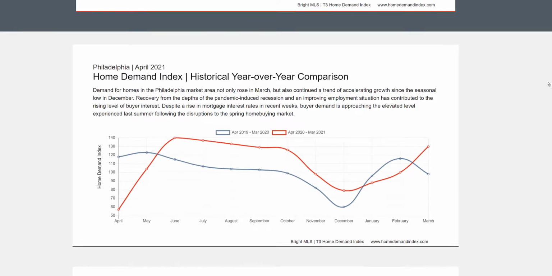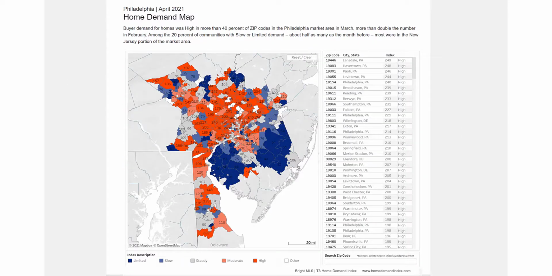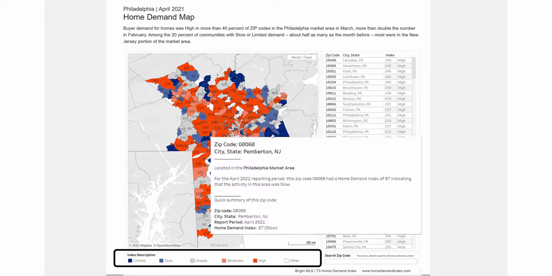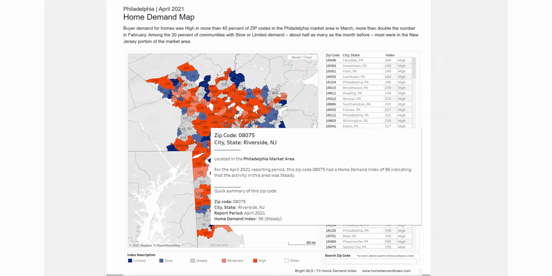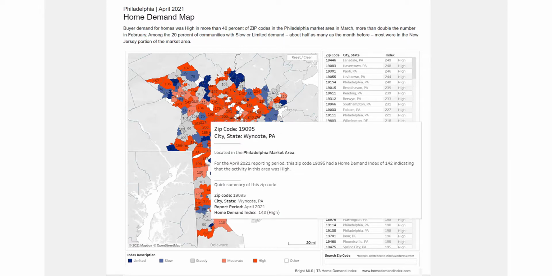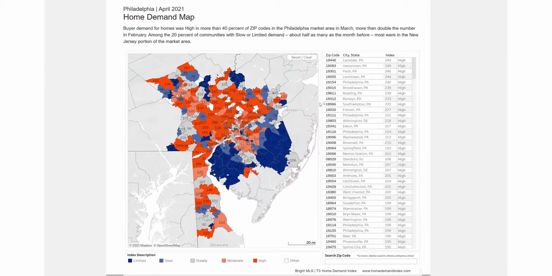Drilling down still further, we can scroll down to the Home Demand Index map. The Home Demand Indexes are color-coded here at the zip code level. Note the legend at the bottom, and that in hovering, you can get more detailed explanations. This map is really such a clear illustration of how localized real estate can be.